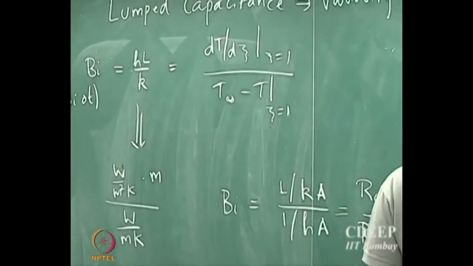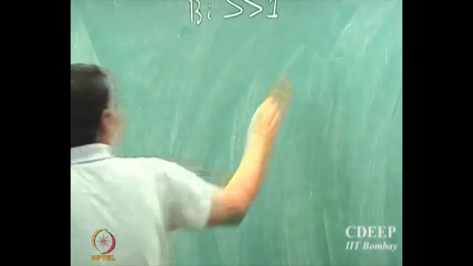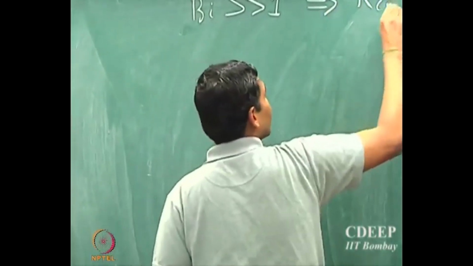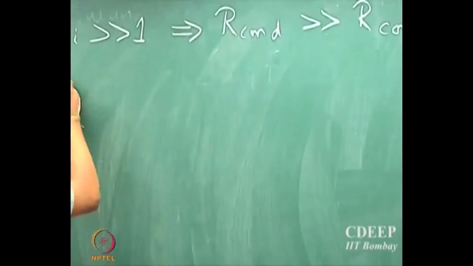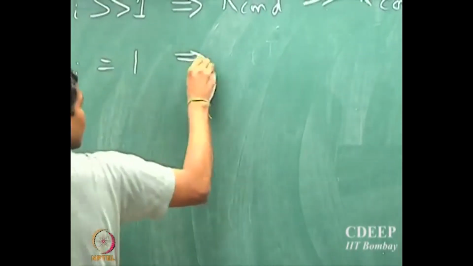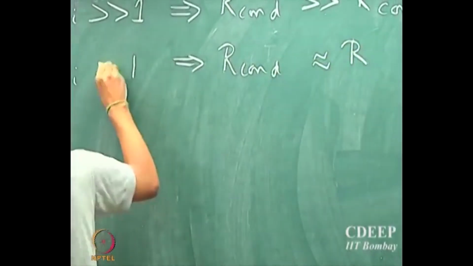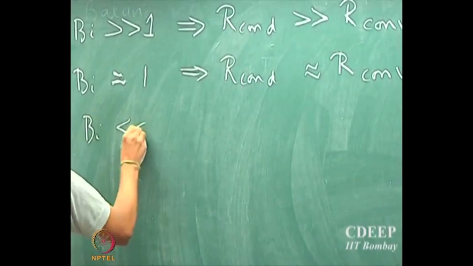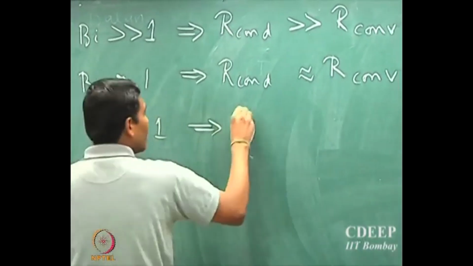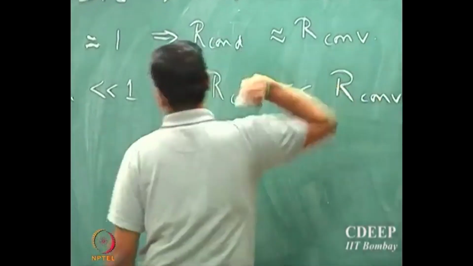What happens when Biot number is much larger than 1? Which means that resistance to conduction is much larger than resistance to convection, right, at the boundary. When Biot number is equal to 1, the resistance to conduction is almost equal to convection, and if Biot number is much smaller than 1, then you will have resistance to conduction much smaller than resistance to convection.